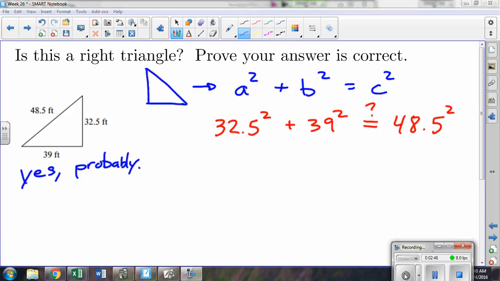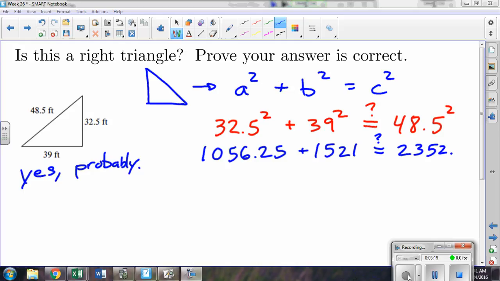So students helping me out, 32.5 squared is what number? 1056.25. Okay, and 39 squared, then 1,521. And does that equal 48.5 squared? Well, what's 48.5 squared? 2,352.25.